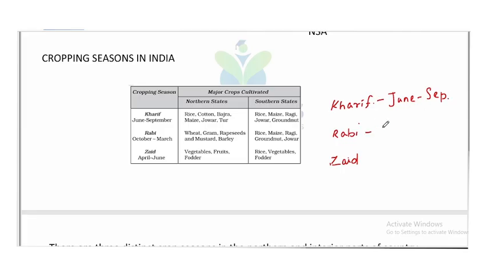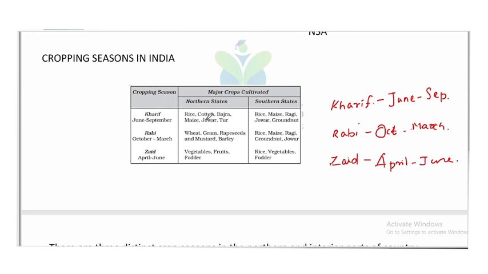Next one, Rabi, is from the next month: October, November, December, January, February, March. Okay, so October to March. Next one is Zaid, that is from April, May, June. So April to June.